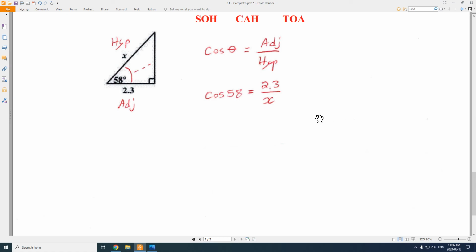And you can do that by just moving it to the opposite side. Right now the x is dividing, so I will move it by doing the opposite, which is a multiplication. So multiply x on both sides. That will cancel out here.